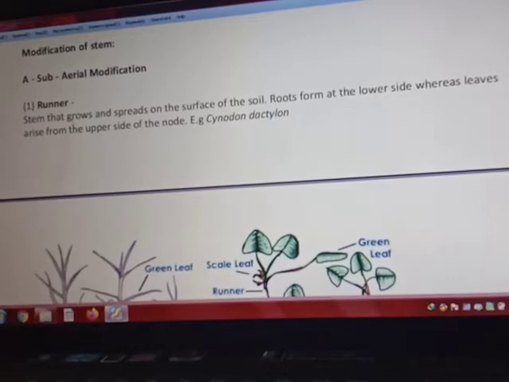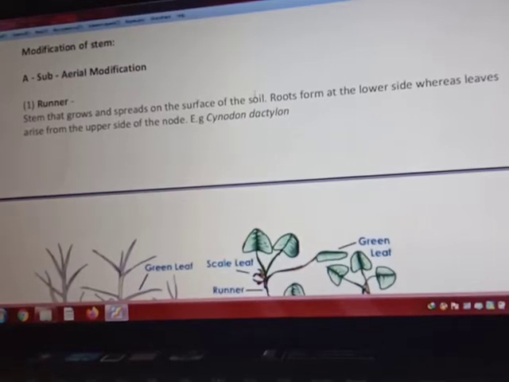The first modification in that is the runner. Runner means to run. For example, if we run, then we run on the soil, on the earth. In the same way, that stem grows and spreads on the surface of the soil. So the name runner was given because it runs and spreads on the soil, and it grows sideways, and its leaves arise from the nodes.